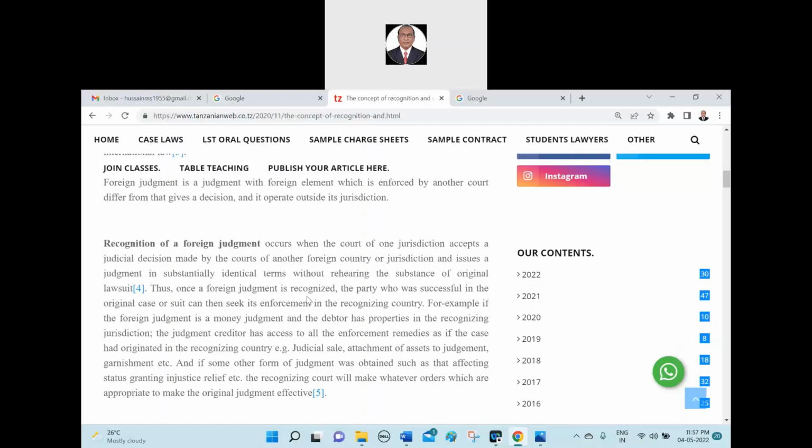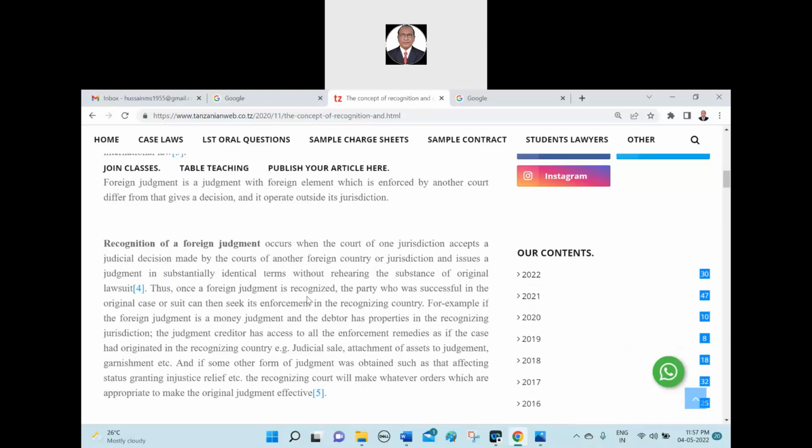We need not do the equations because we already know the result: 2 into 2 is equal to 4. So we need not prove it again because the result is acceptable and the competent court has given it. That is the meaning of it. Thus, once a foreign judgment is recognized, a party who has succeeded in the original case or suit can then seek enforcement in the recognizing country.